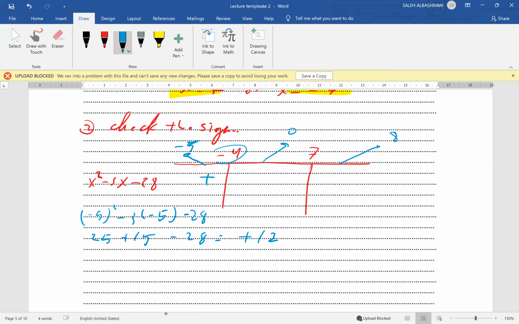Between minus 4 and 7, which was 0, replace x by 0, I will have minus 28. That is a negative value. Greater than 7, which was 8. For this one, it is 8 squared minus 3 times 8 minus 28. That will be 64.